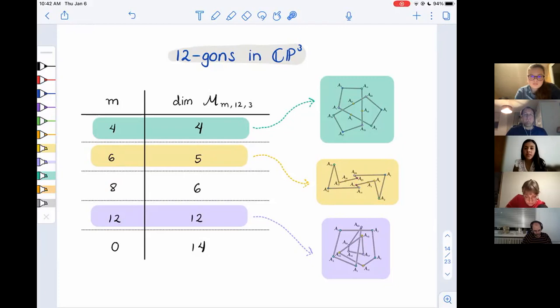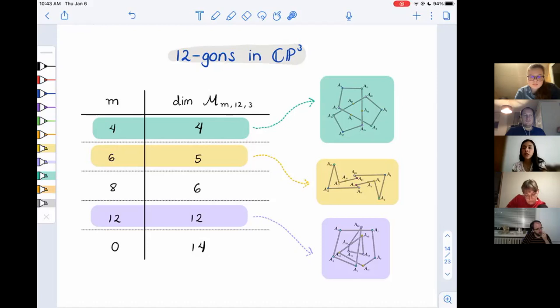As you can see, something that makes sense is that as I keep increasing M, the dimension of the moduli space keeps increasing, which is something we should expect. From the picture, we see that when I decrease this parameter, my polygon looks more symmetric, so I'm expecting to have fewer of them.